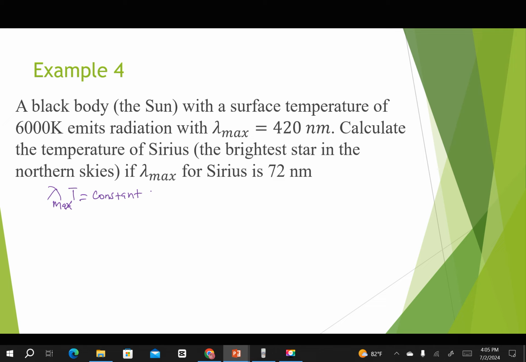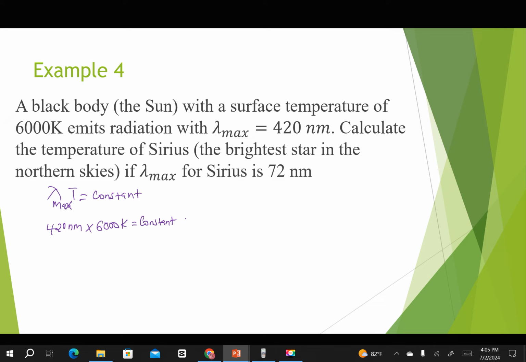For the first one, for the Sun, lambda max is 420, so I'll say 420 nanometers times 6000 Kelvin is equal to a constant. That is equation number one.